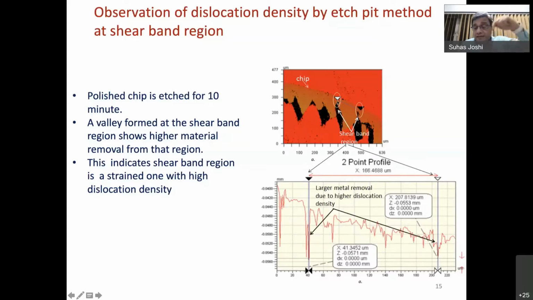Where there is a gap between two segments, at that particular location you will find that the etching creates a deep valley there, because in those zones where there are very fine grains, the etching happens at a rapid rate, and that's where you can see that large valleys are formed. Whereas in the segments of the chips you will not have that high rate of etching. So it confirms that yes, there is a very fine grain formation.